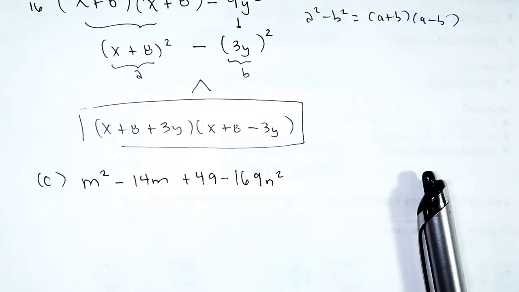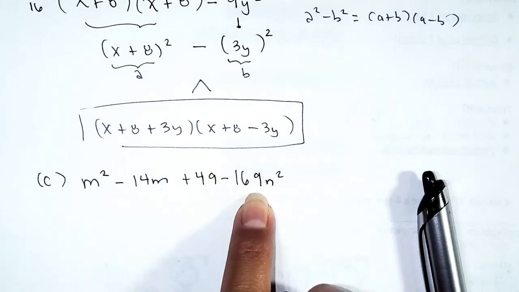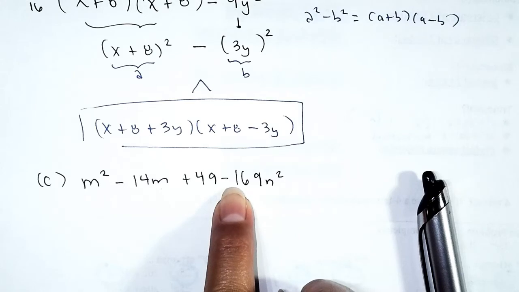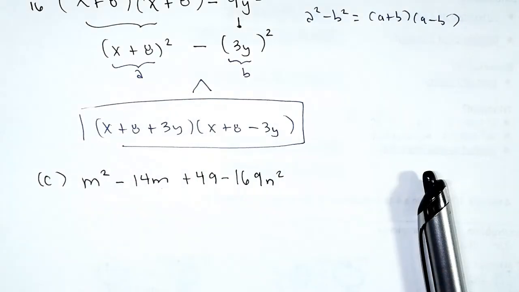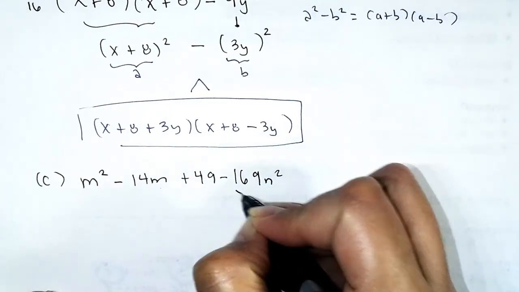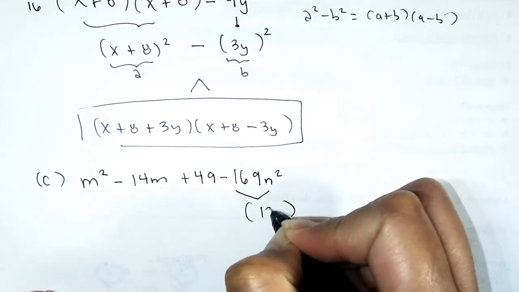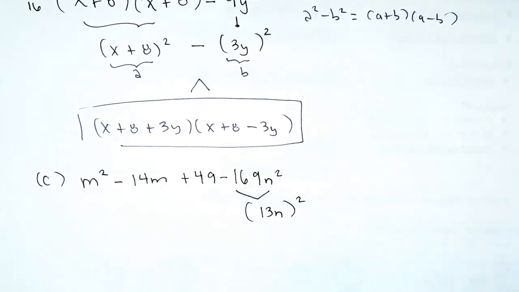But the reason why I'm going to go straight to a 3 and 1 grouping action is because the last term is a perfect square and there's a minus before it. So maybe we have once again an undercover difference of squares like we did with the other problems. So 169n squared is a perfect square because it's the square of 13n.